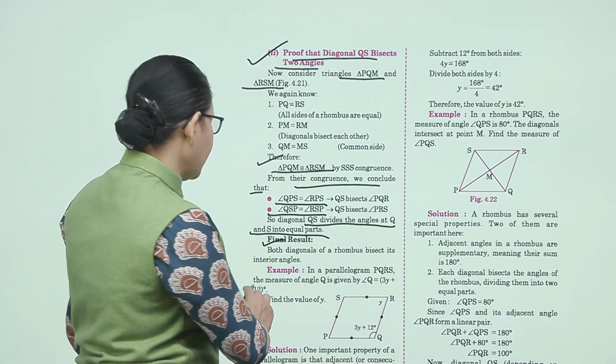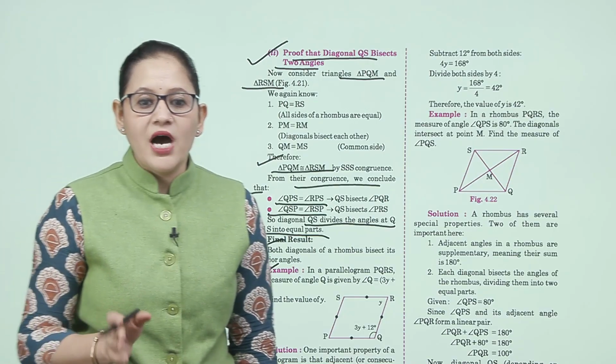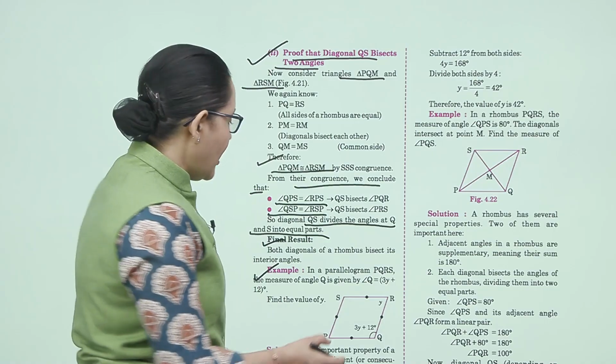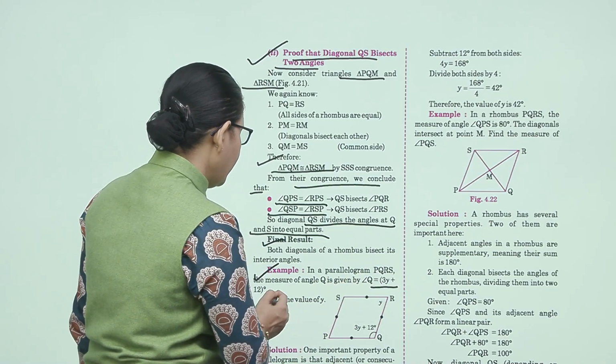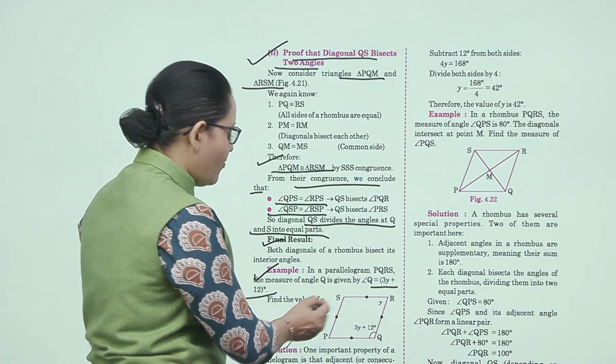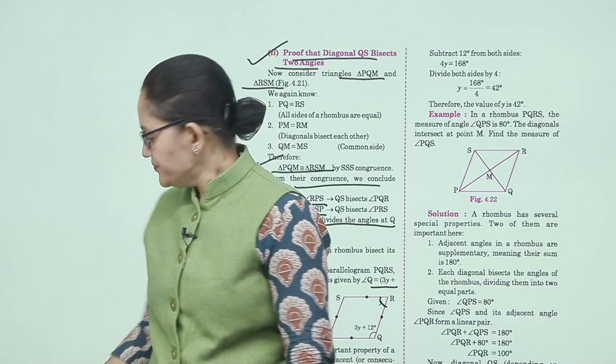Now we'll take an example here. In the parallelogram PQRS, the measure of angle Q is given to us. Angle Q equals 3y plus 12 degrees. Now we have to find the value of y, this angle.